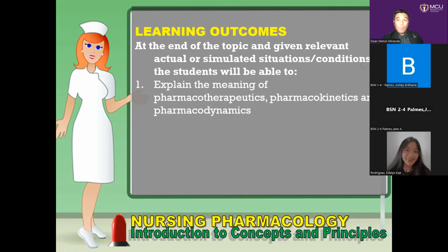Just like, for example, you have been oriented about the routes of administration of drugs. If the drug is administered orally, per orem, then absorption will start with the oral cavity or mouth.